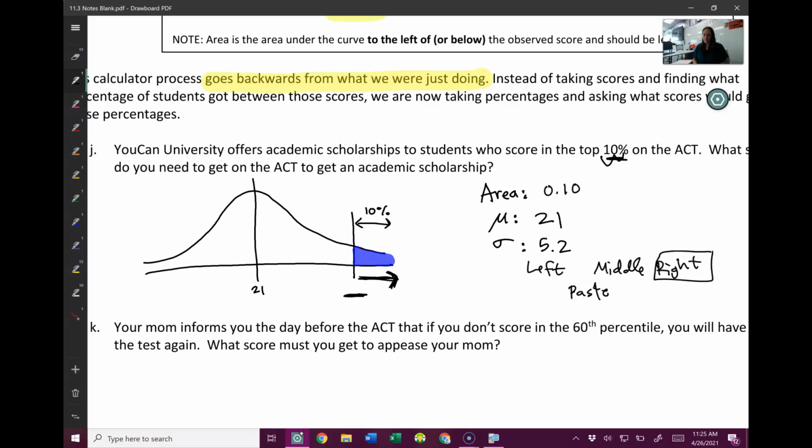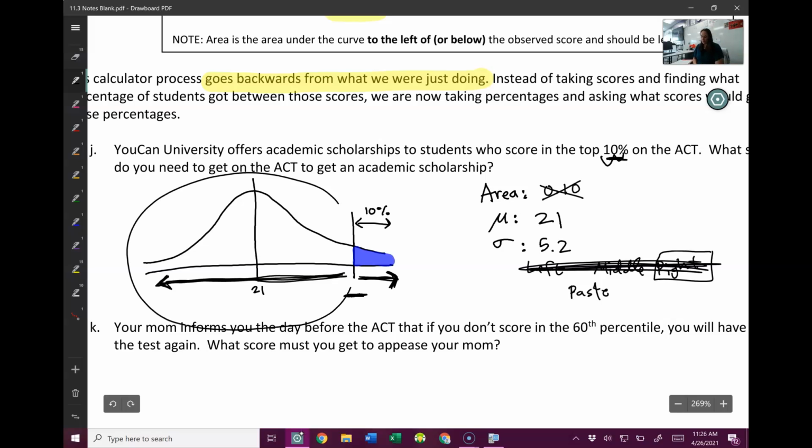If you have an older calculator that doesn't have that, your older calculator will automatically do things to the left of your line. That's just what it's programmed to do. So in that case, I don't want my area to be 0.1. I want it to be everything else.